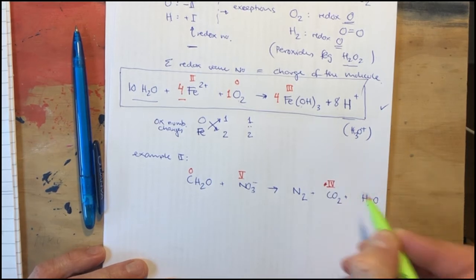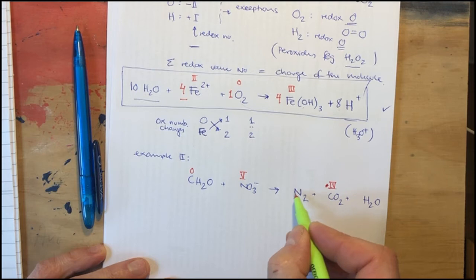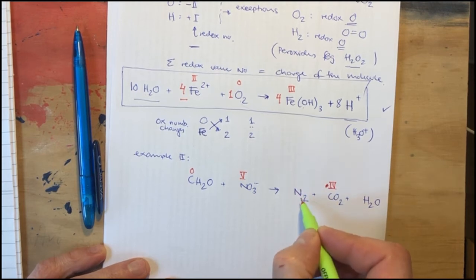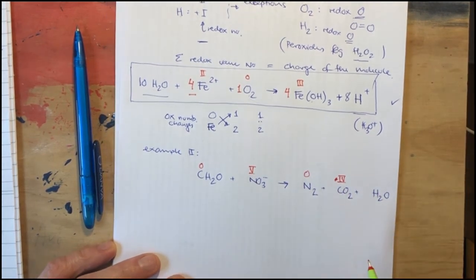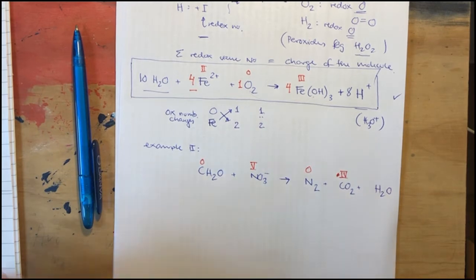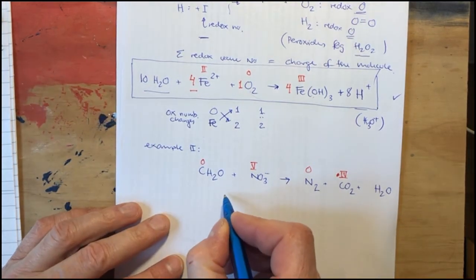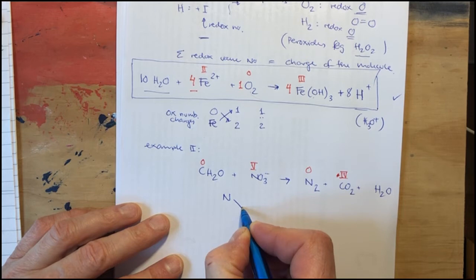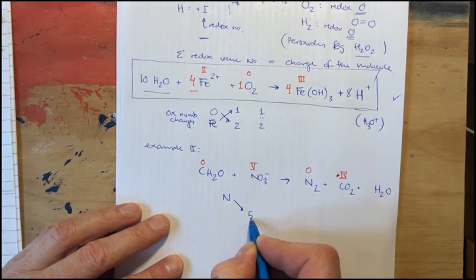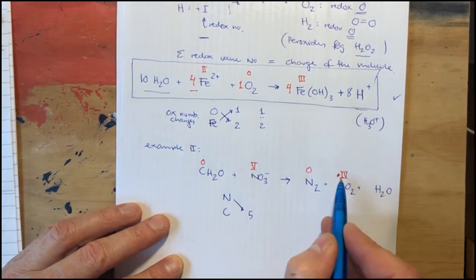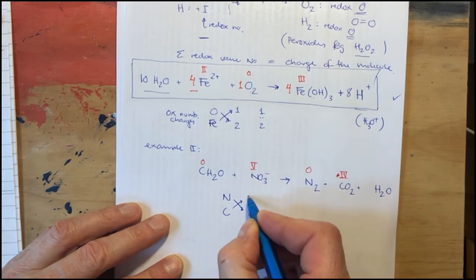It's becoming oxidized. And nitrogen here is in a nitrogen molecule with no charge, so it has to be 0. So nitrogen in this case is going down, being reduced by 5, and carbon is going from 0 to 4, so going up by 4.